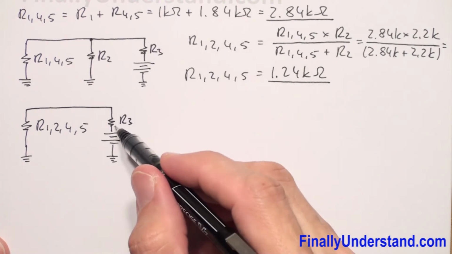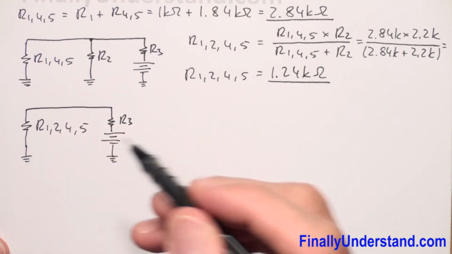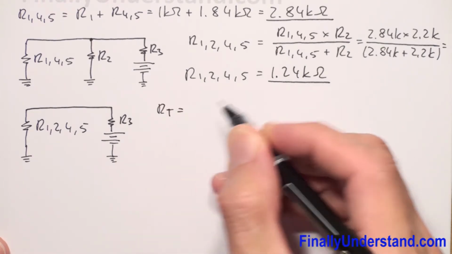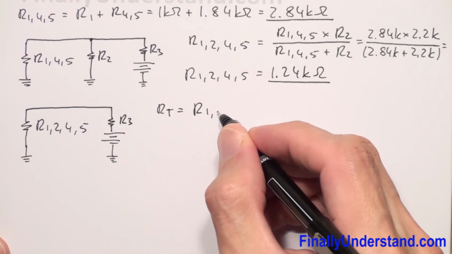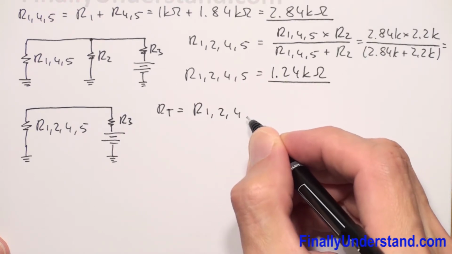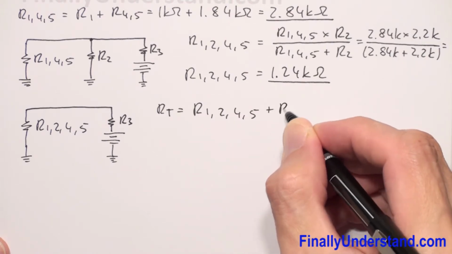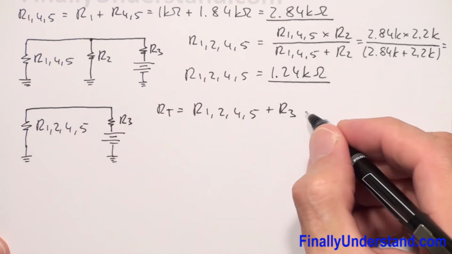So now you can see that these two resistors are in series. So if you want to find the entire total resistance, it is equal to R1245 plus R3, because these two resistors are in series this time.